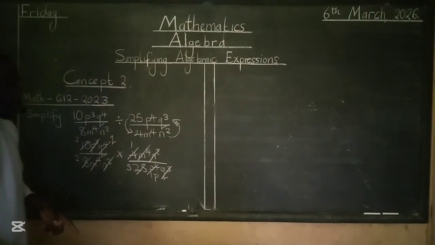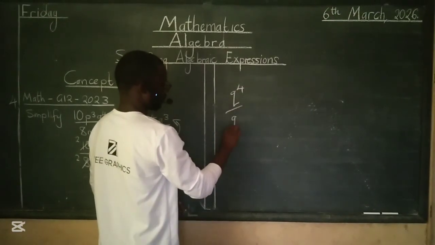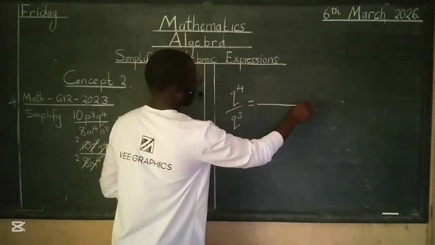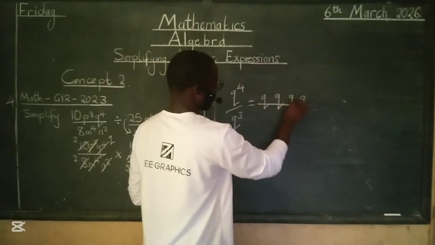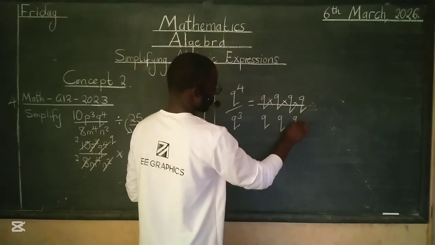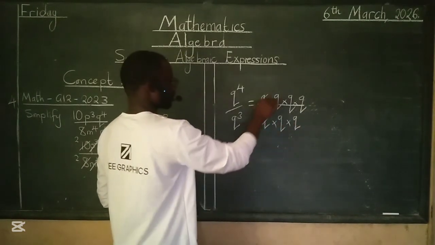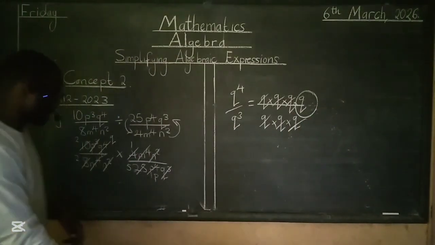If you do not understand this, it's this. This will be 1, 2, 3, 4. Then this will be 1, 2, 3. This with this, this with this, this with this. I'll have 1 left over like that.